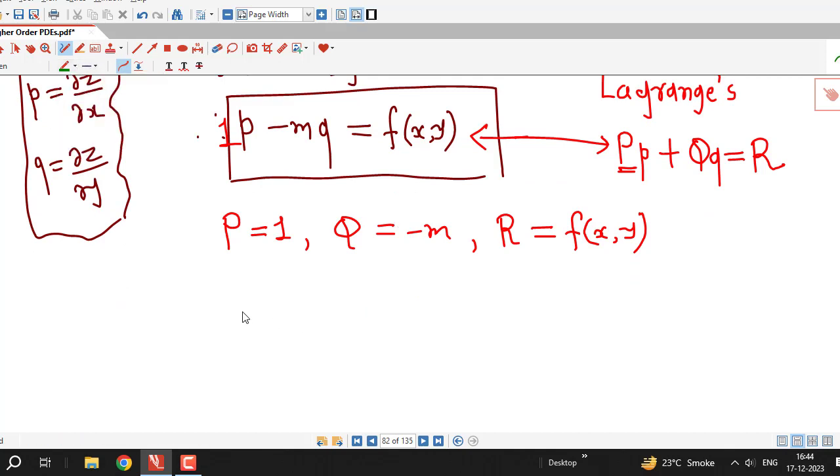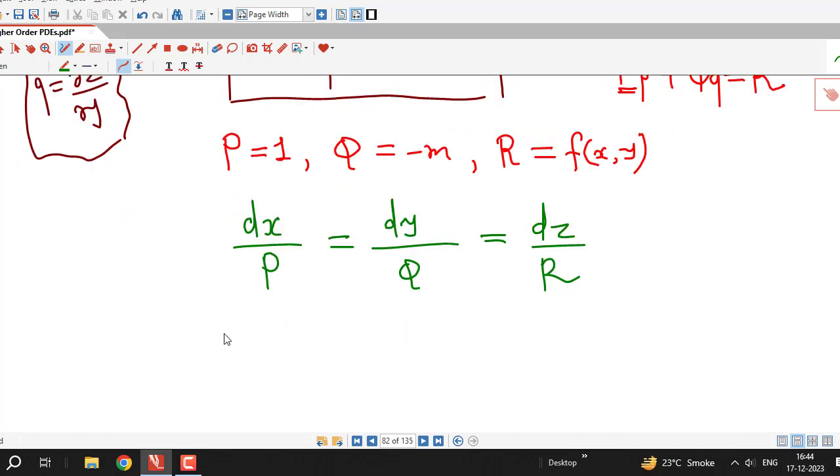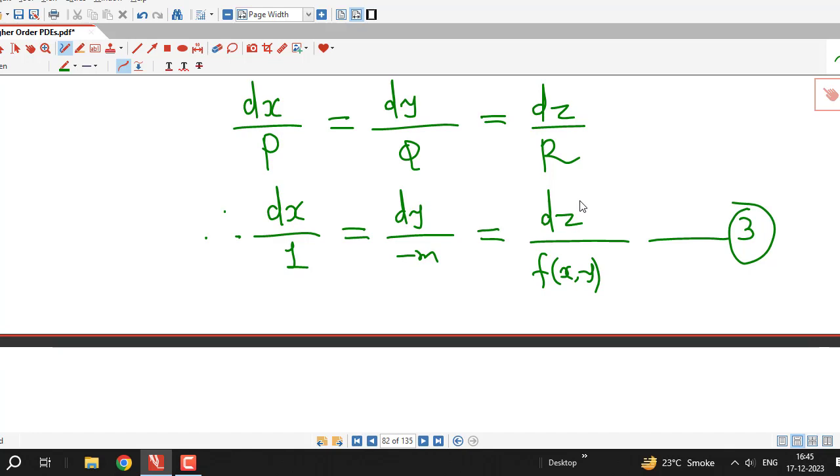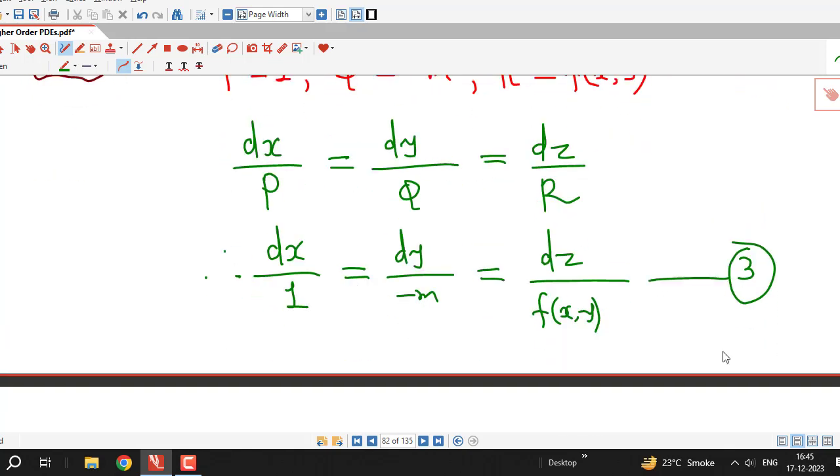For that we have to write the Lagrange auxiliary equations, which are dx divided by P equal to dy divided by Q equal to dz divided by R. So now we substitute the values of P, Q and R: dx by 1, dy divided by minus m, dz divided by f(x,y). Suppose we give this number 3. Now to solve this Lagrange equation, we can compare any of these 3 fractions.